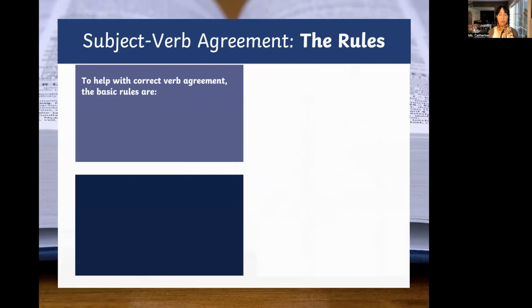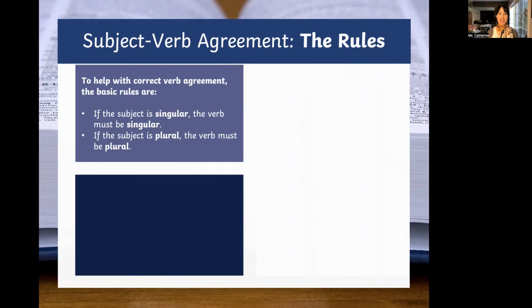Now, more of the rules for the subject-verb agreement. To help with correct verb agreements, the basic rules are: if the subject is singular, the verb must be singular as well. If the subject is plural, more than one, the verb must be plural.